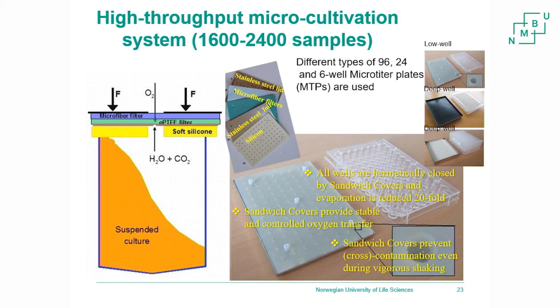It's important to say that for every well we have a hole in the filter. So if we are using 24 well microtiter plates, we have 24 holes in the sandwich cover. These holes allow keeping a stable oxygen and CO2 transfer rate when we are growing our cultures.